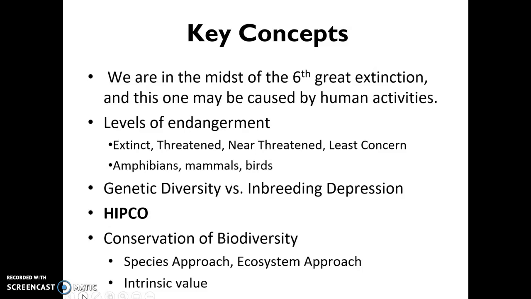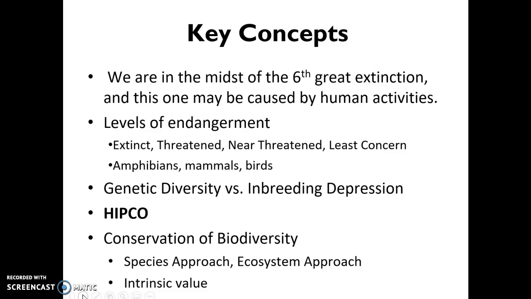So a review of the key concepts. Unfortunately, we are in the midst of a sixth great extinction, and this one may be caused by human activities. There are different levels of endangerment, so you should be able to define the levels of endangerment and provide some examples of organisms that fall or species which fall in those levels of endangerment. You should understand that amphibians, mammals, and birds are not equally threatened.